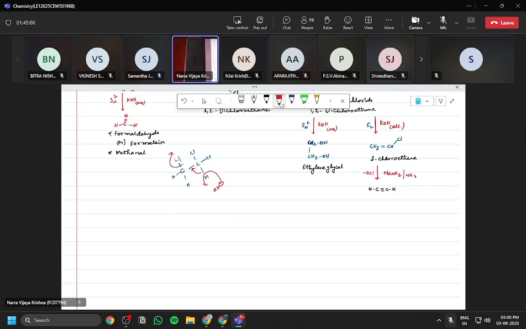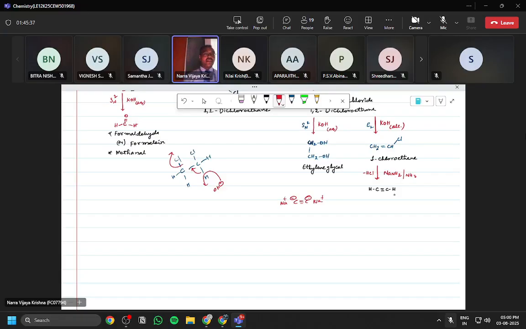If I don't use ammonia, then what will you get? C minus Na plus, C minus Na plus. The reason: acidic hydrogens are replaced. NaNH2 forms Na plus and NH2 minus. NH2 minus will take H plus. Again, NH2 minus will take H plus. So you get Na plus C minus triple bond C minus Na plus. Due to the presence of ammonia, the ammonia provides H plus ions.